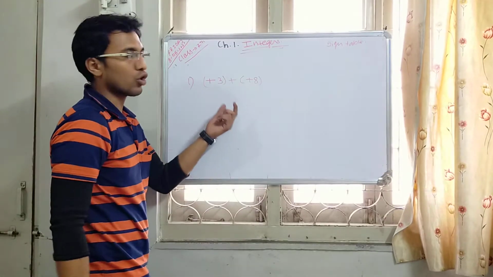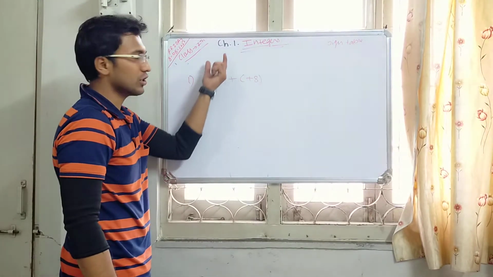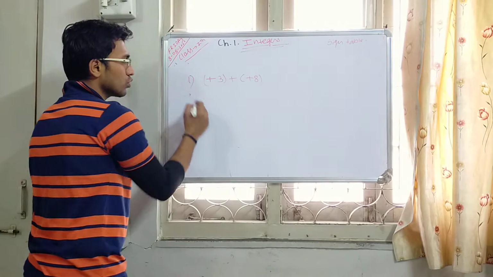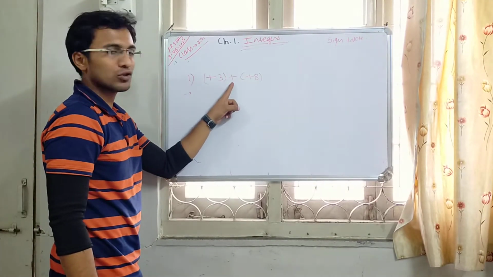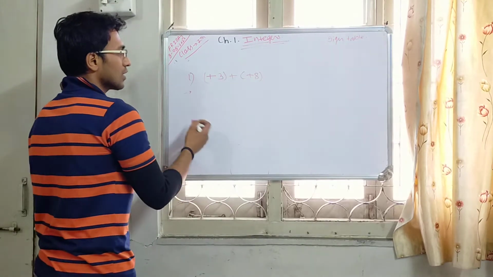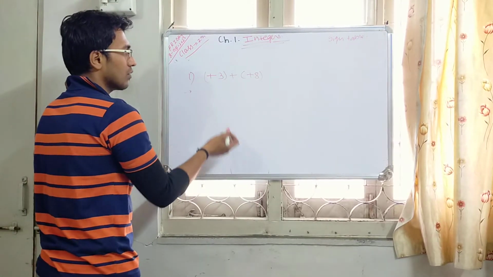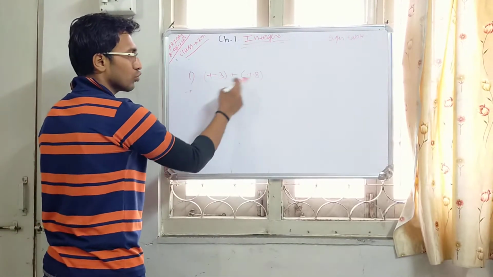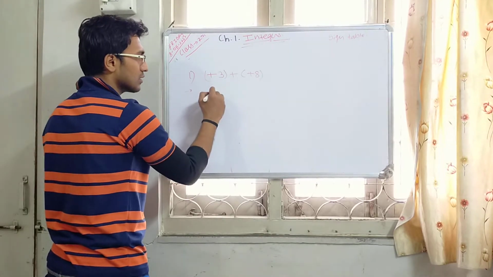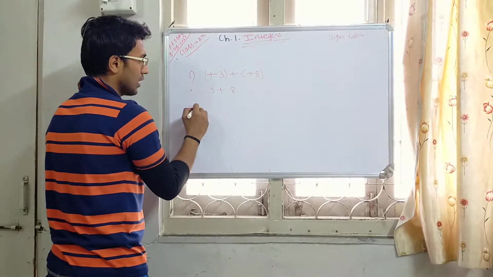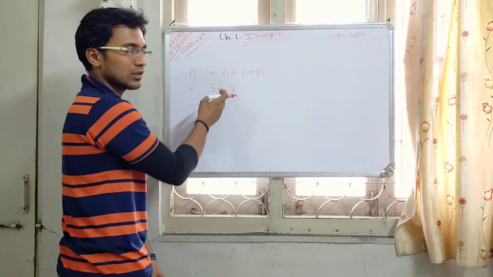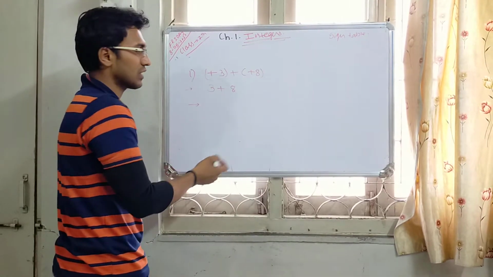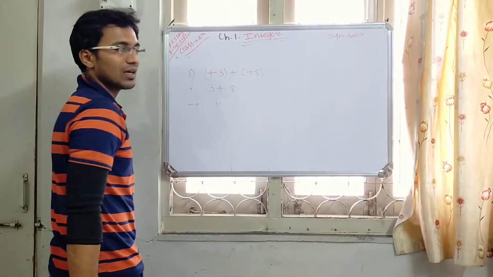Since both numbers are positive and the operation is also addition, according to that table I'll perform addition on both numbers. I can write it as 3 plus 8 and my answer would be 11, and the sign of this answer would be positive, so I can simply write it as 11.